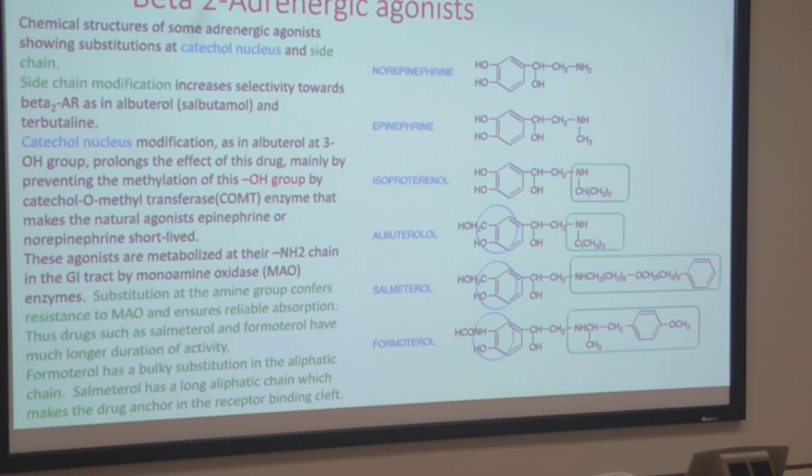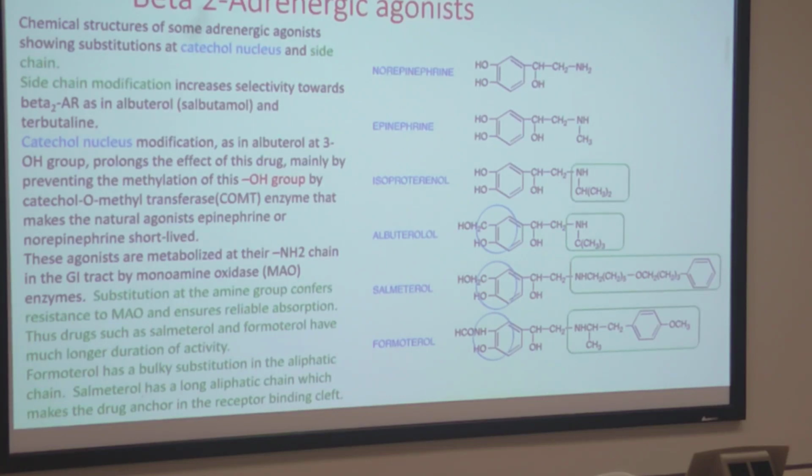manipulate these compounds chemically. One is the secondary amine, the amino group. The other is the hydroxyl group attached to the benzene ring. One of the hydroxyl groups is susceptible to modification in the system.